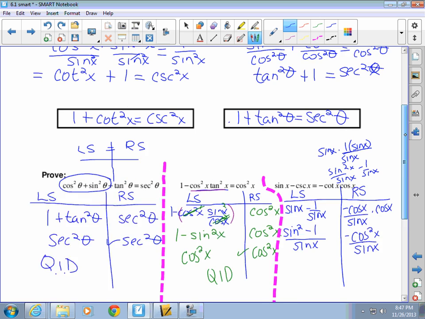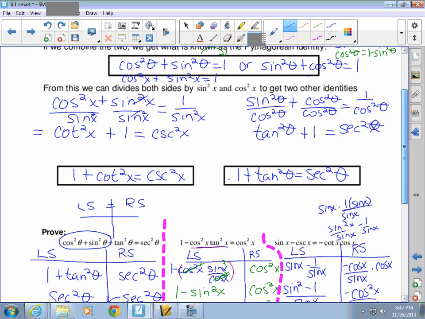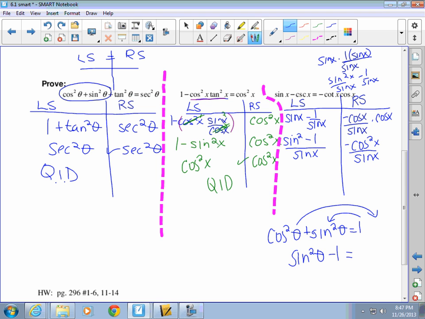So what I've done is I've just taken my equation again, I'll write it down here. Cos squared theta plus sine squared theta is equal to 1. So what I can do is if I move this over here and that over there, I have sine squared theta minus 1 is equal to negative cos squared theta.